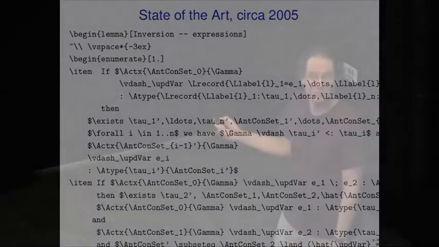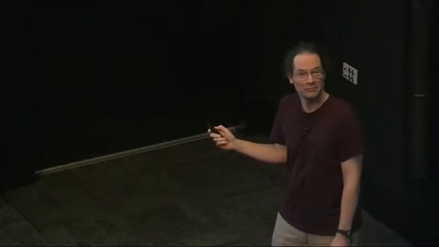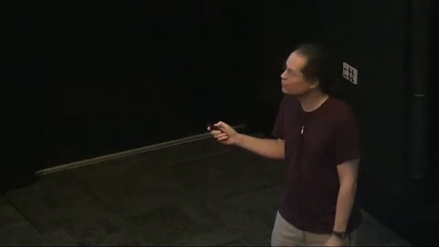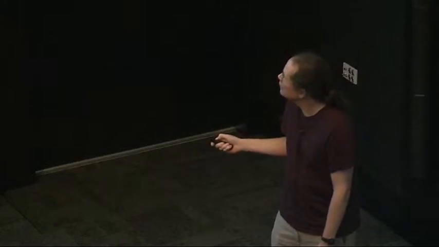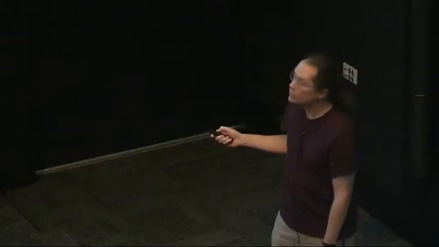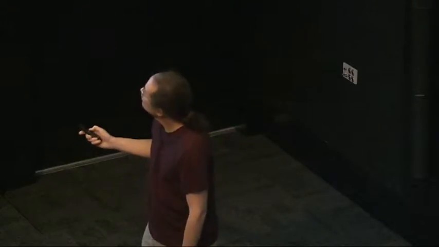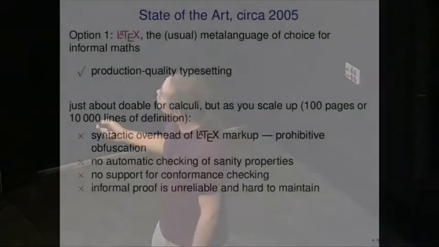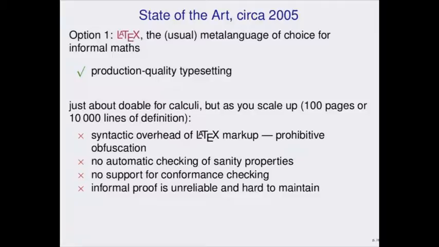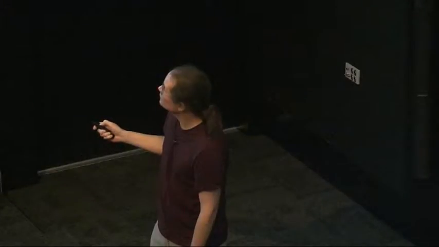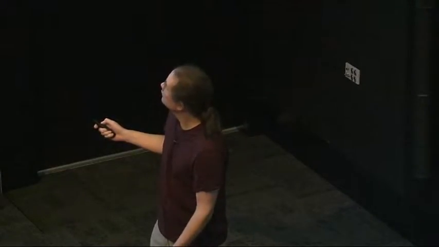This is an extract from the source of one of our fine, not so fine papers, written carefully by some very careful PhD students and postdocs in the best tool available at the time. You do get that presentation. It's good. You can just about do it for small calculus, but it does get error prone even for that, I know, because of the errors that we made.